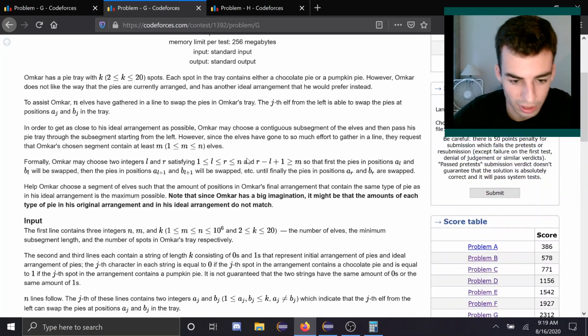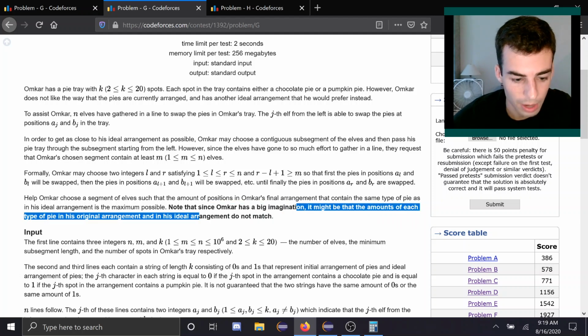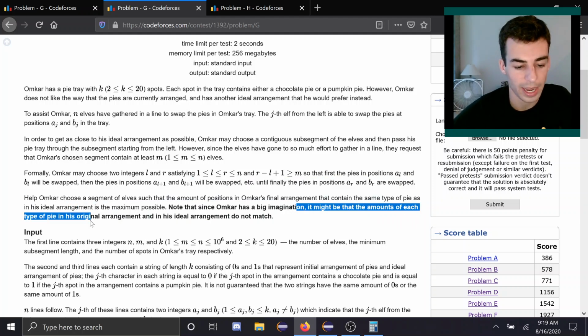Wait, maybe I'm misunderstanding the problem. What does this mean? The amount of each type of pi in his original arrangement, his ideal arrangement, do not match. How does that happen?